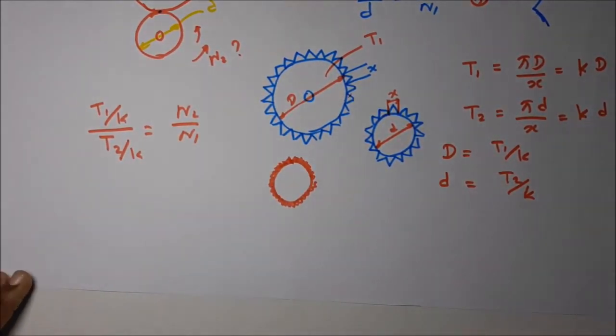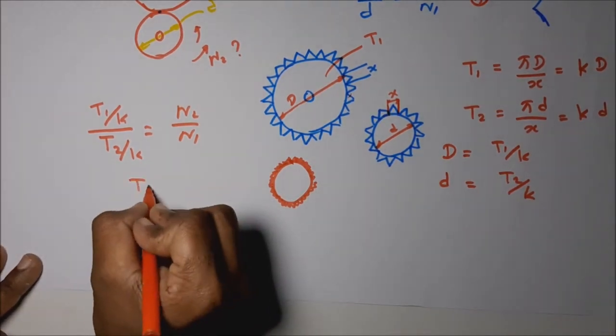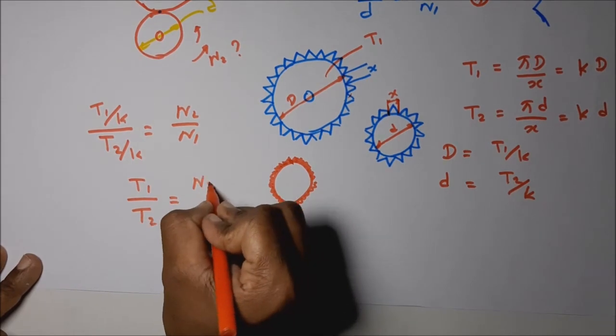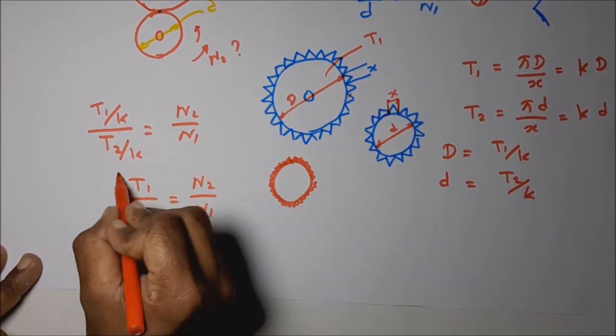So finally we have the equation T1 divided by T2 is equal to N2 divided by N1.